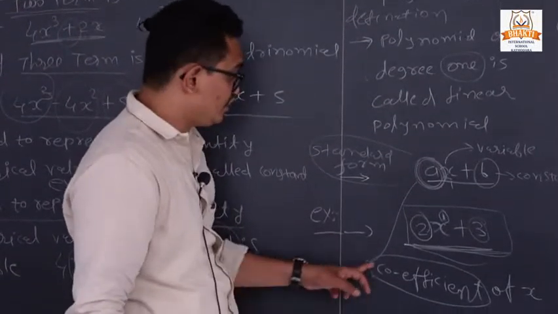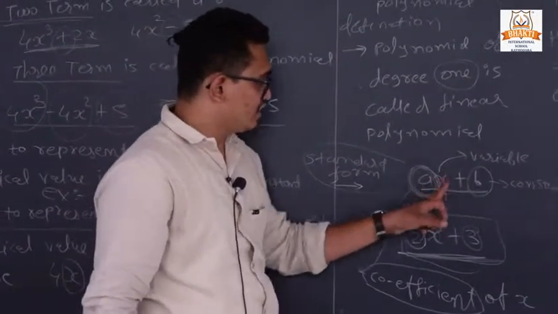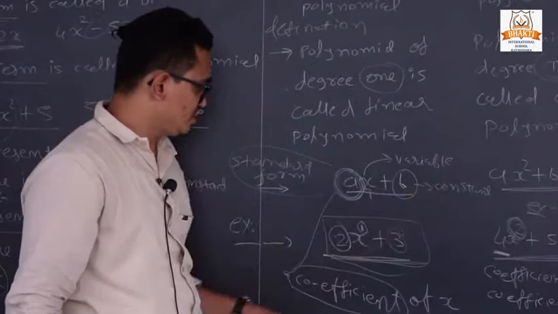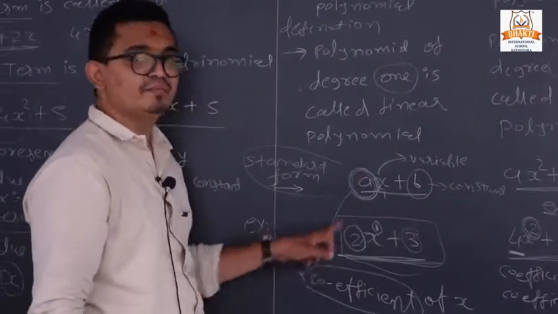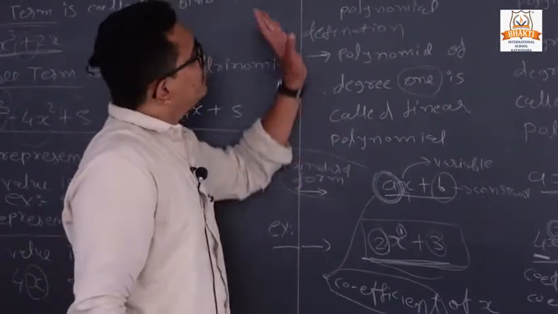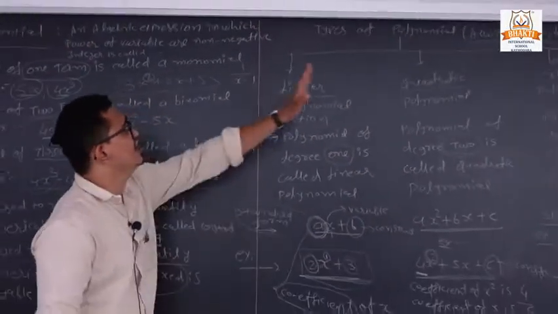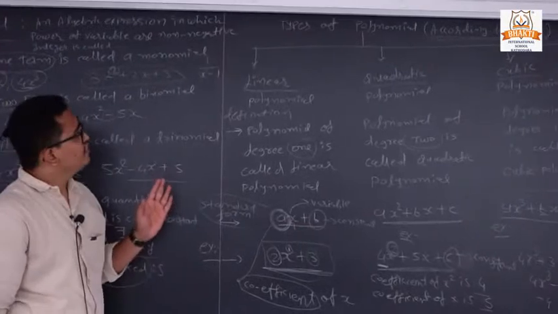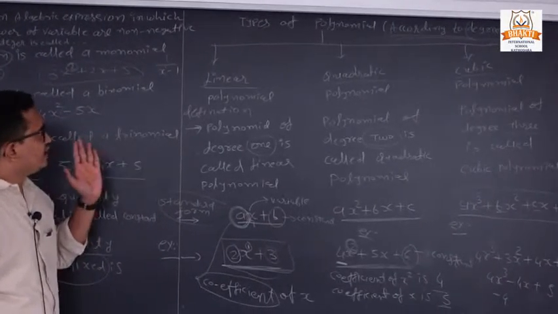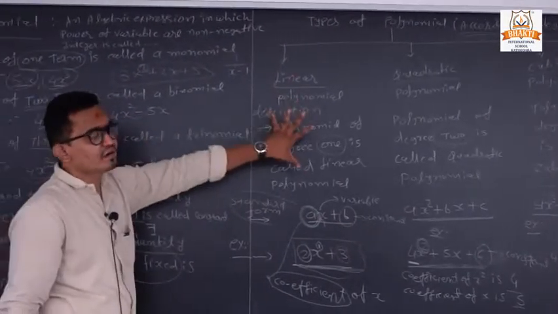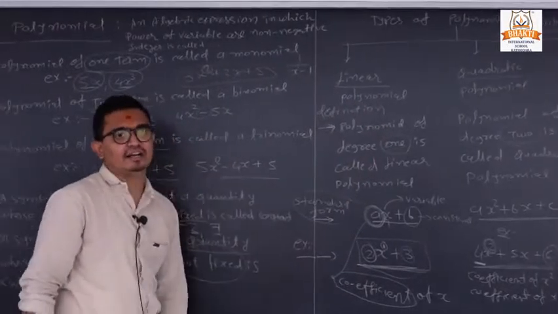From the example you can also know what is a variable, what is a constant, and what is a coefficient. Clear? So our first exercise totally depends on that chart. So first of all you can write that down in your notebook.